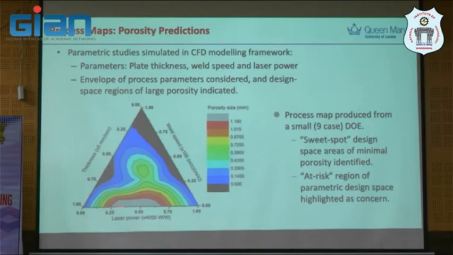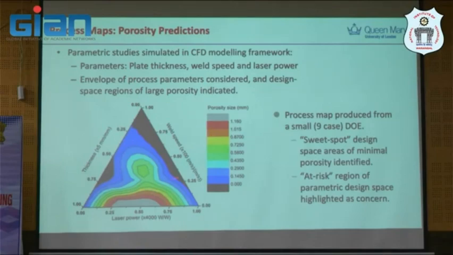So we can identify the red zone. Red zone means the pore is big, and we should avoid it. We should go to the blue zone or black zone here, ideally, but you're not going to get zero pore. I don't know if it's possible, but anyway, you can avoid the condition at the very intermediate laser power but also where weld speed is very low.